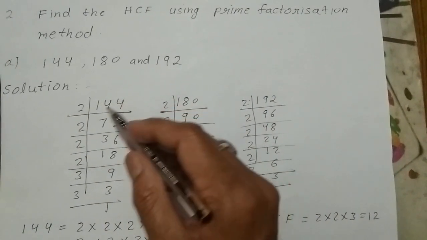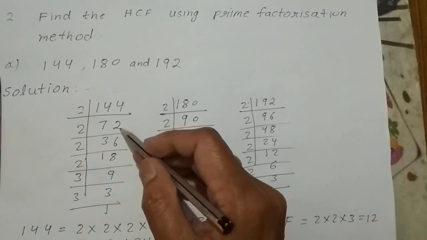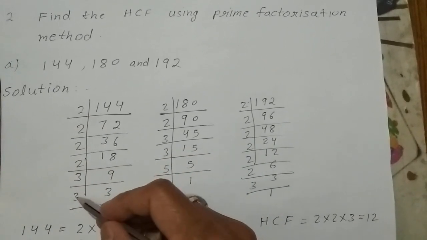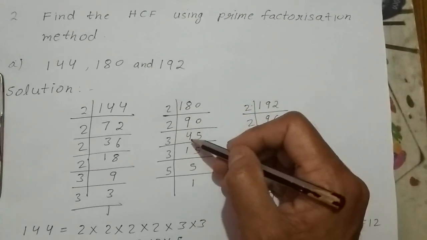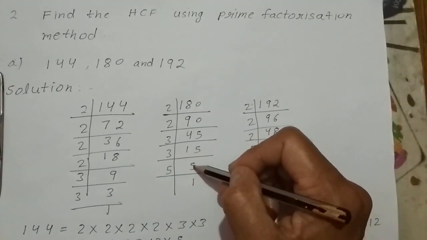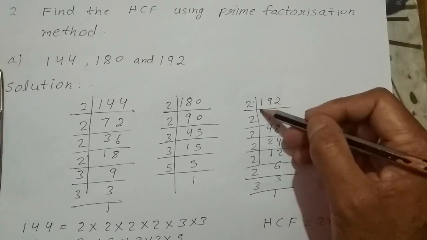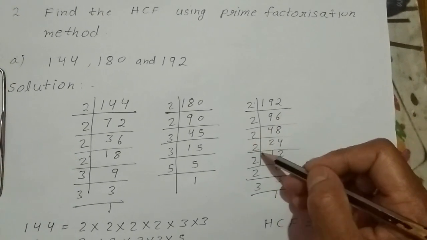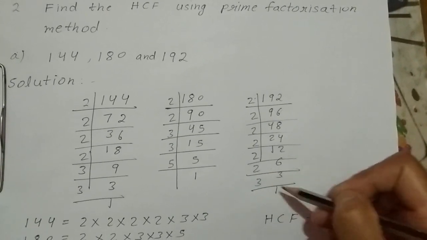Solution: 144 divided by 2 is 72, then 36, then 18, then 9, then 3 divided by 3 is 3, then 1. Then 180 divided by 2 is 90, then 45, then 15, then 5, then 1. Then 192 divided by 2 is 96, then 48, then 24, then 12, then 6, then 3, then 1.